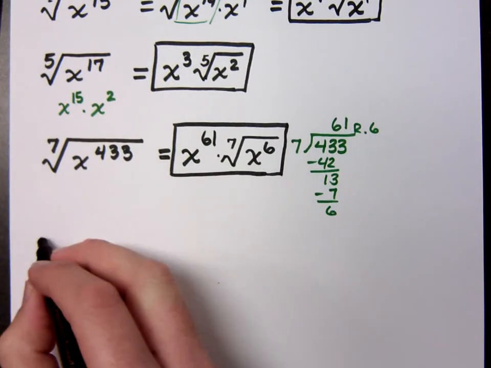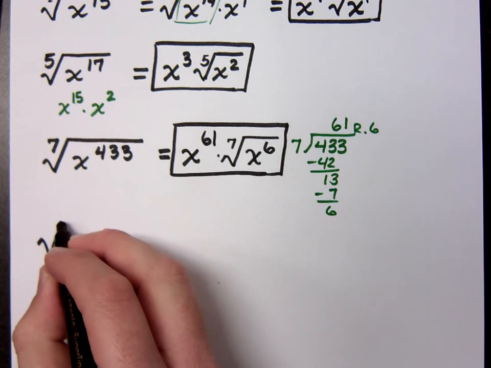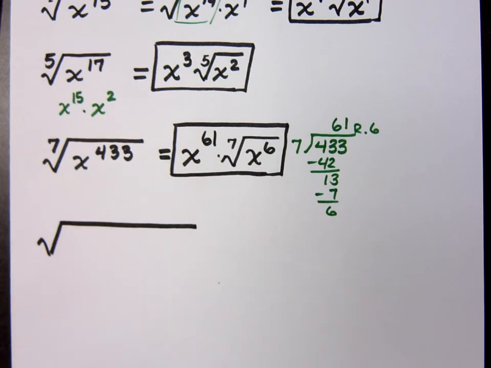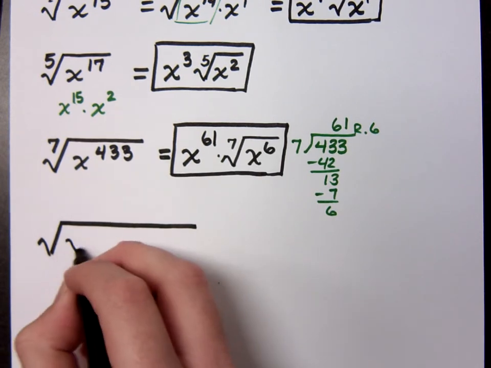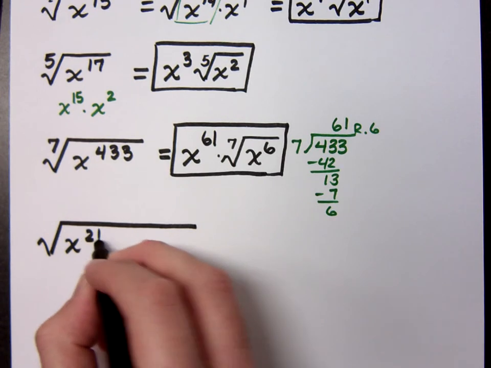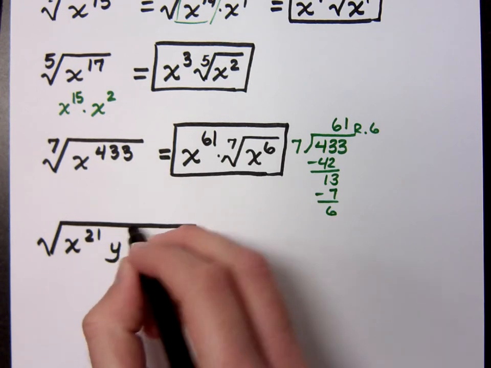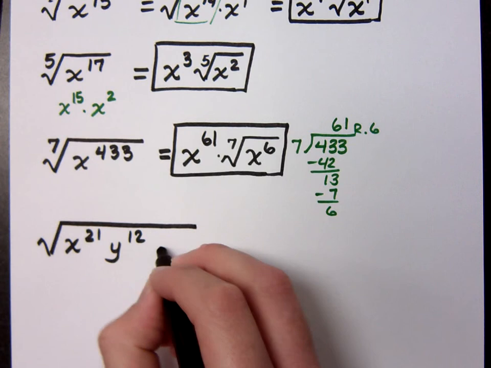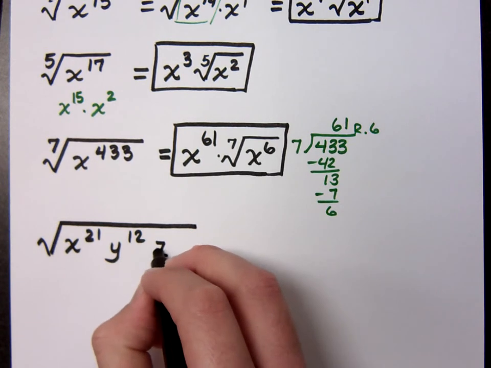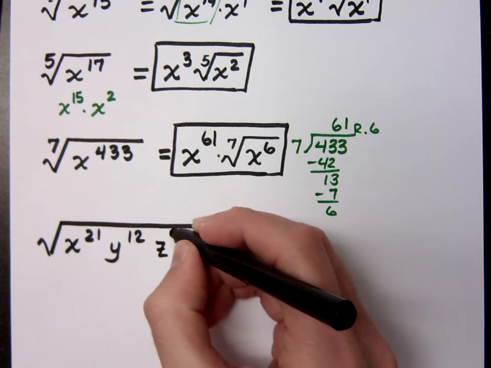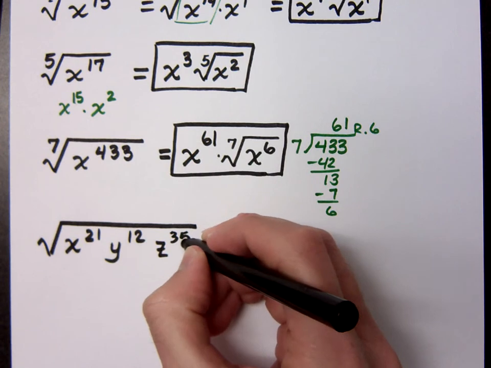So let's try this one. How about the square root of x to the 21st, y to the 12th, and z to the 35th?